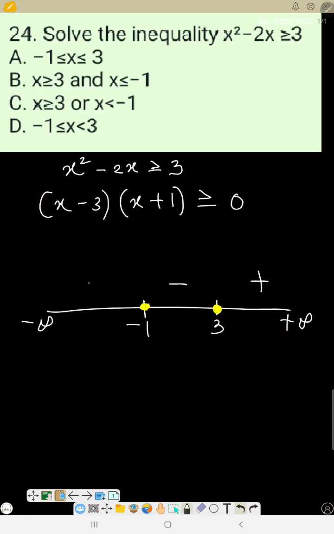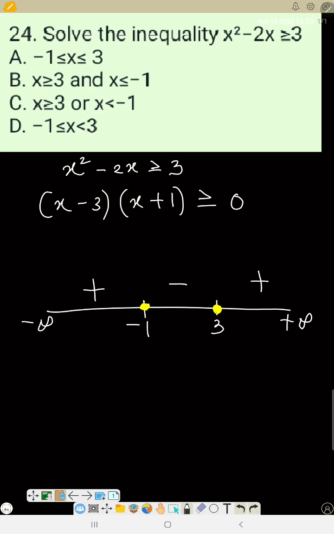Now if you look at your inequalities, what sign do you need? Our inequality is greater than or equal to 0, so you need the positive result. If it is less than, you need the negative result. That means if you multiply these two brackets together, your result must be greater than 0.